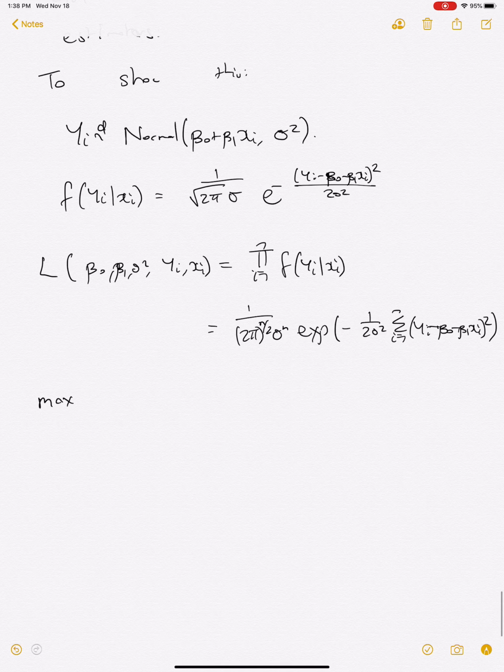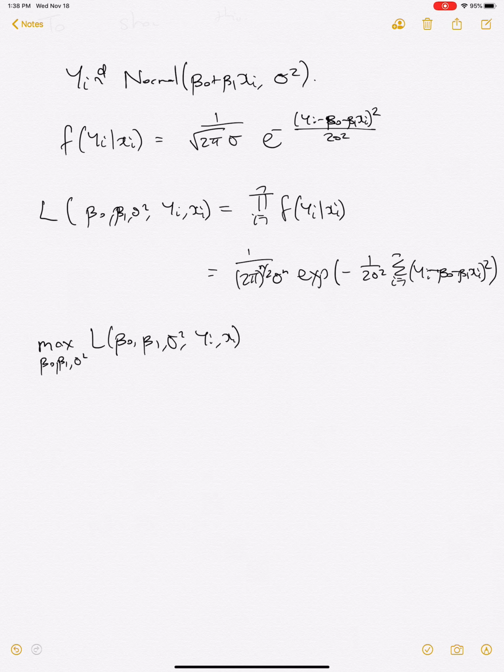So maximize L of beta 0, beta 1, sigma squared, yi, xi. We're going to try to maximize these over beta 0, beta 1, and sigma squared. That's equivalent to minimizing the negative log likelihood, as we've seen before.